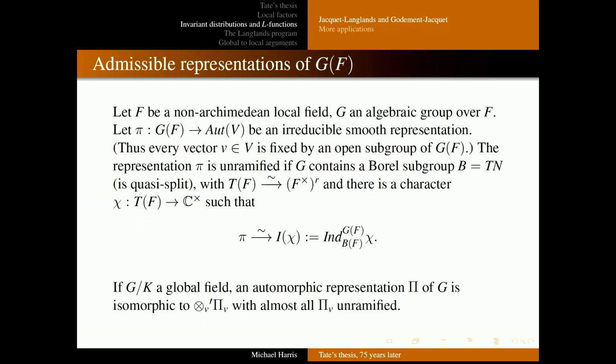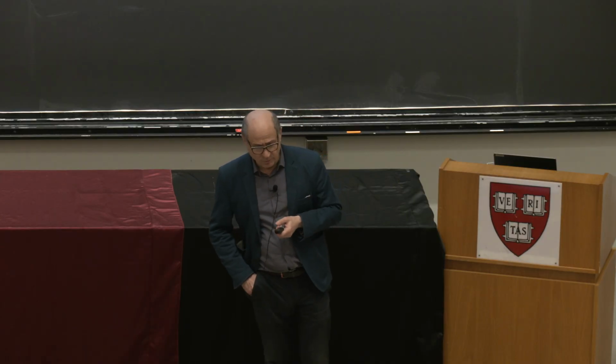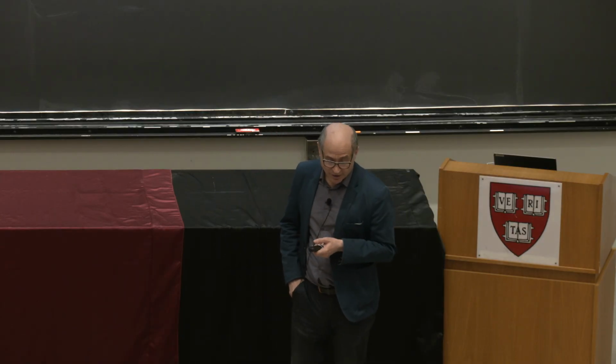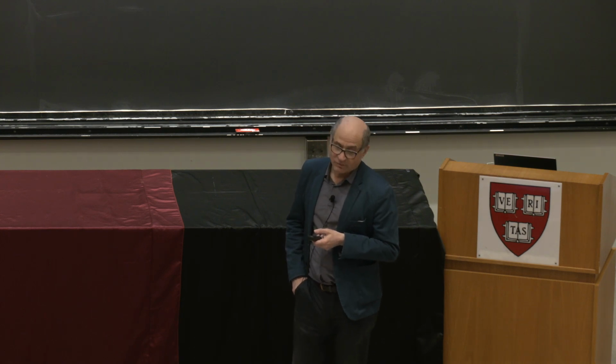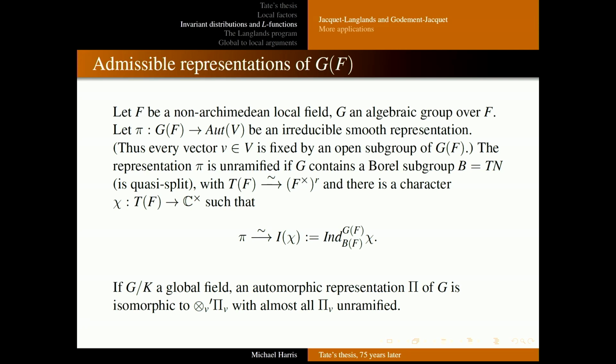That means it has to be trivial on the maximal compact subgroup, such that pi is isomorphic to the normalized induction from the Borel subgroup to the full group of chi. And the general fact: if G is a group over a global field, then an automorphic representation is isomorphic to the restricted tensor product where almost all the factors are unramified.